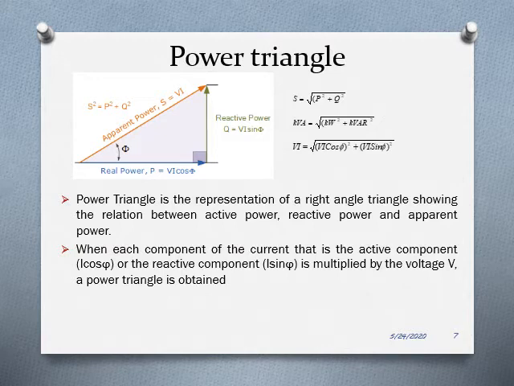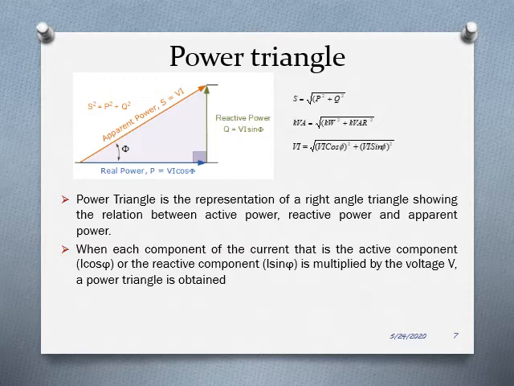Whereas the reactive power Q, which is equal to VI sin phi, could be either in the positive upward direction or the negative downward direction. It is in the positive upward direction if the reactance is inductive reactance XL.